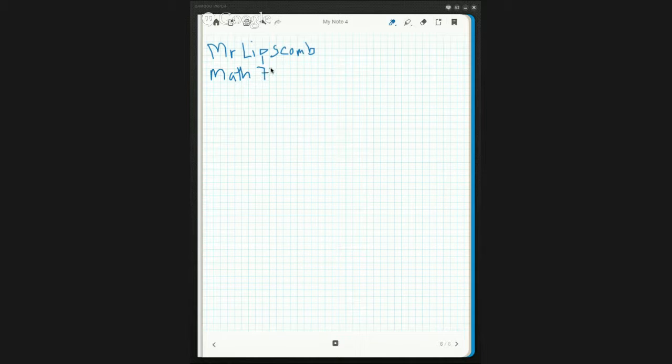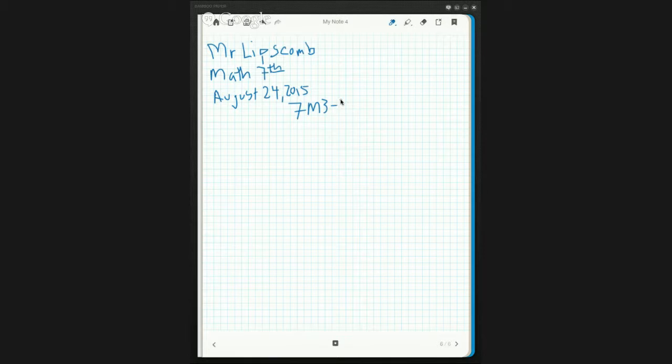Maybe this is 7th grade math, and then we're going to put the date on it. Today is August 24th, 2015.